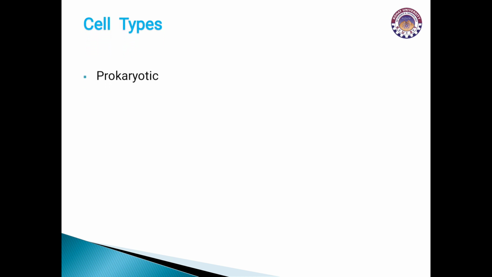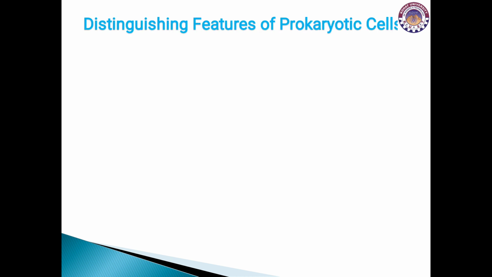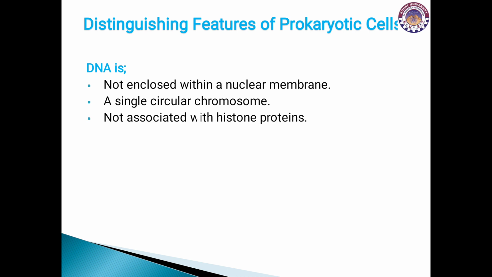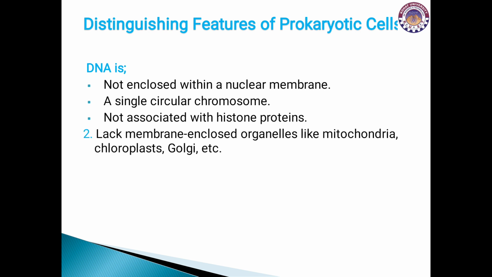Now, cell types. There are two different types of cells, prokaryotes and eukaryotes. Distinguished features of prokaryotic cells: DNA is not enclosed within a nuclear membrane. A single circular chromosome, not associated with histone proteins.